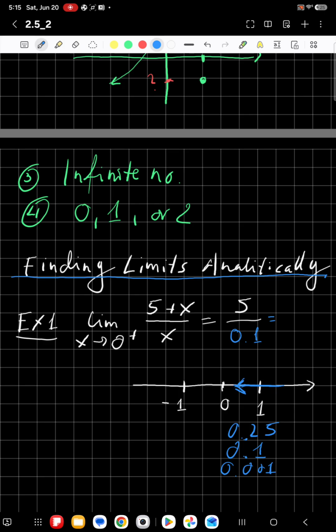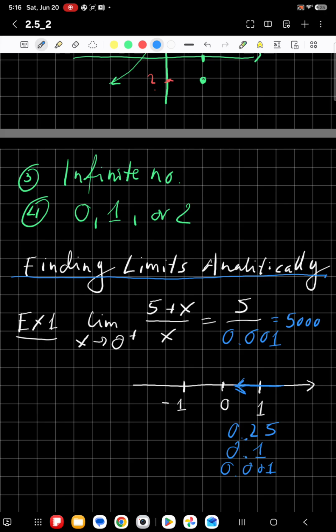If I do 5 divided by 1/10, it'll be 50. You guys can use a calculator to check it. So I think we are pretty sure we know what's happening. Let's do one last substitution, 0.001. So this is 1,000, and if I use a calculator, that's going to be 5,000.